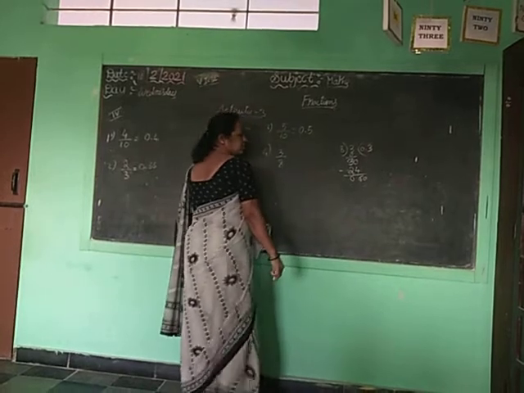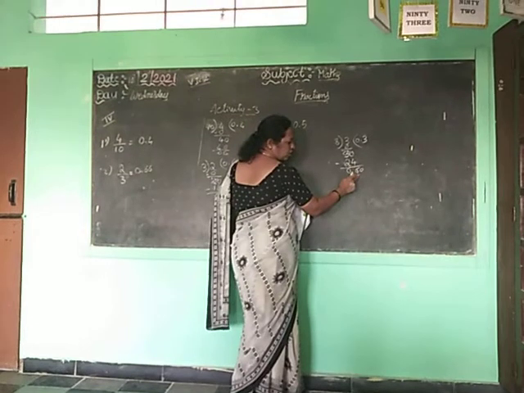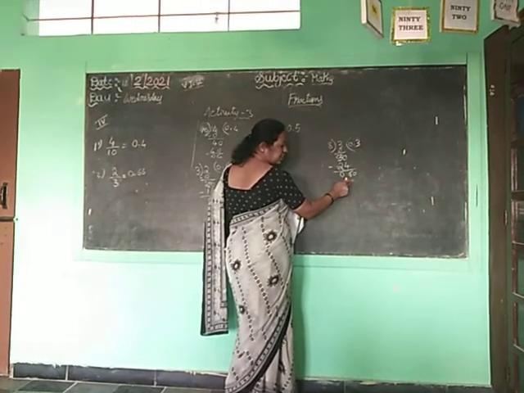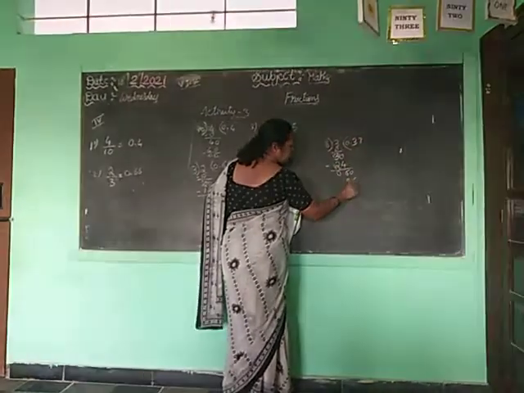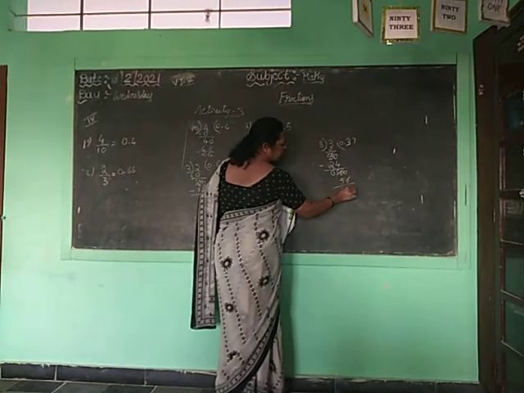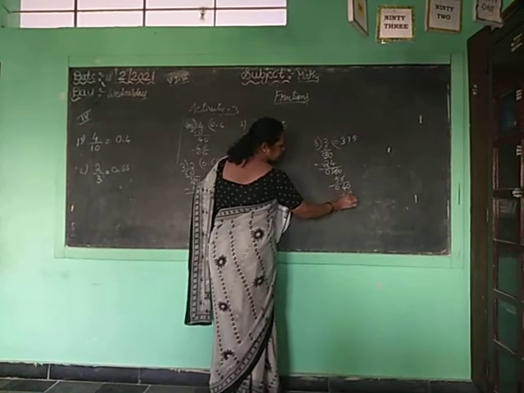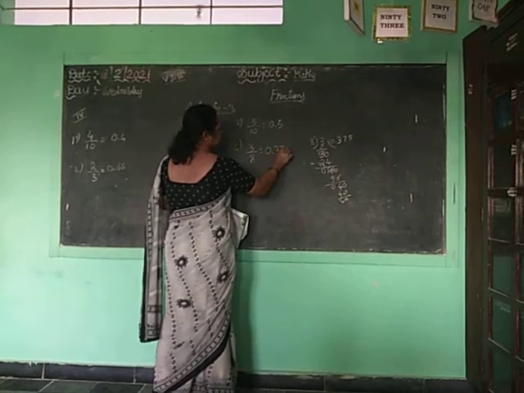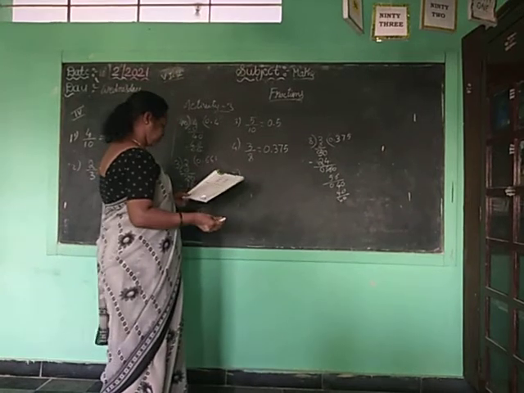How much? 8 7s are 56. So 60 minus 56 is 4. Add 0. So 8 5s are 40. Okay. So what that is? 0.375. Okay children.